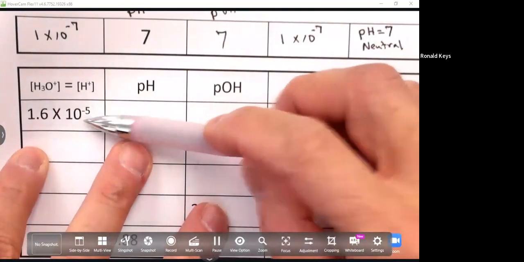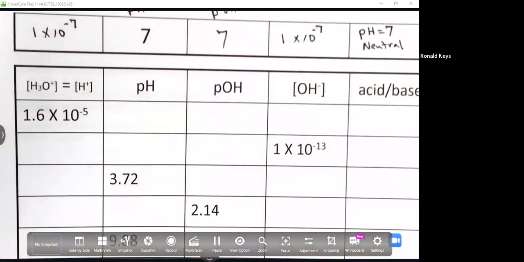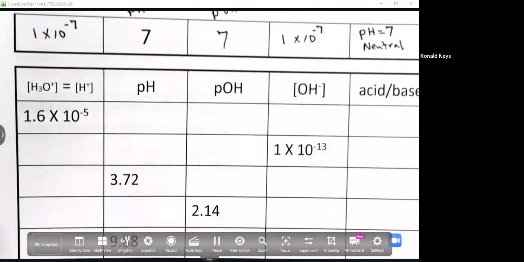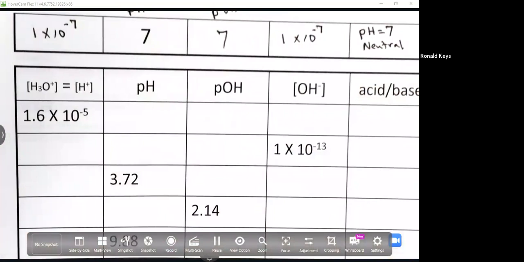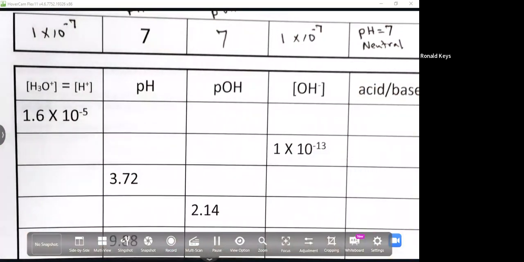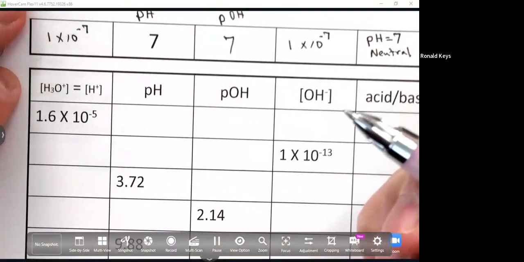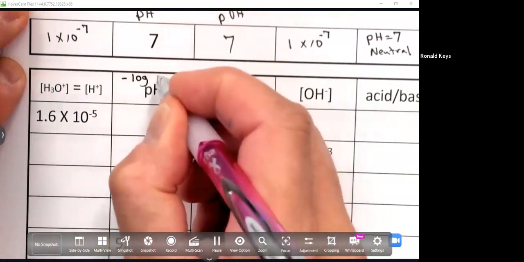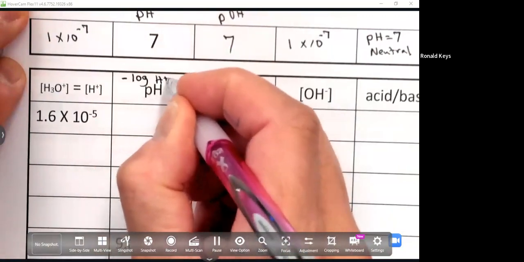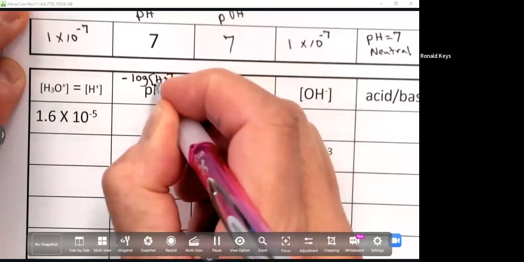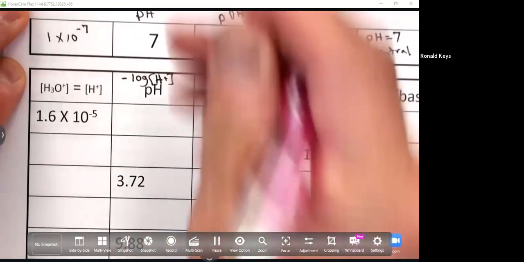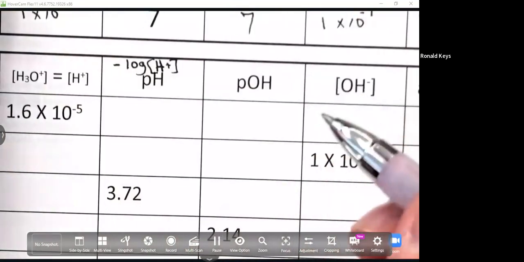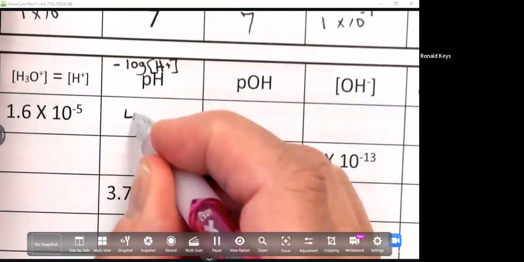All right, let's take the negative log of this. What's our pH? Grab your calculator. Take the negative log of this number. If we take the negative log of that number, we get what? 4.80.